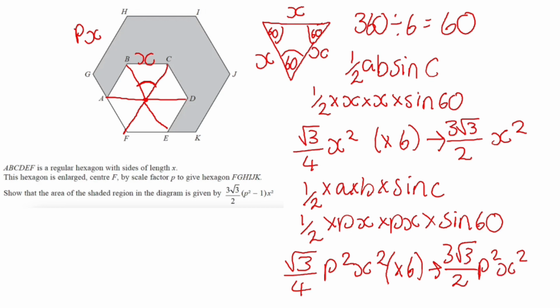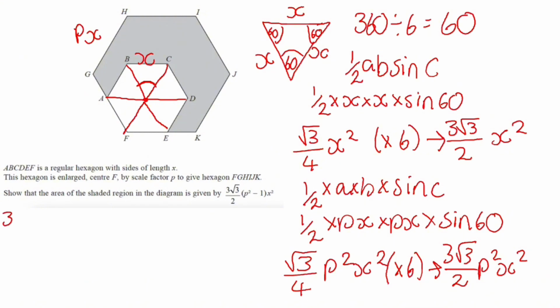Now you can see that we are definitely going in the right direction because we have got the surd part now and the fraction part. So if we were going to find the area of the shaded region, we would have to take the larger hexagon and subtract the smaller hexagon. So I'm going to write that over here.